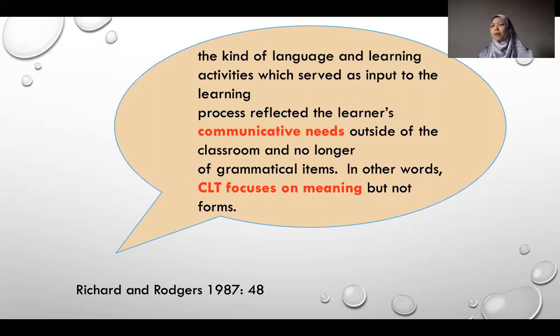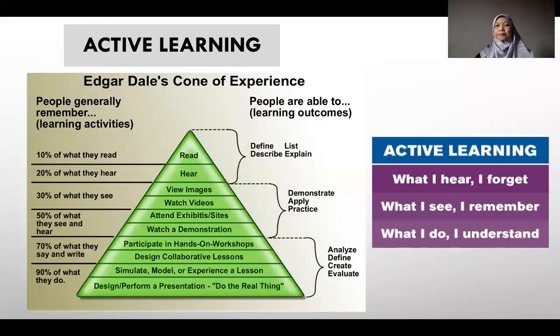That is why CLT was widely used in Malaysian schools in the early 1980s, because we want our pupils to be able to communicate. And then followed by active learning. We know that in CLT, students should play an active role. Starting from there, all the new syllabus also focus on active participation from students.